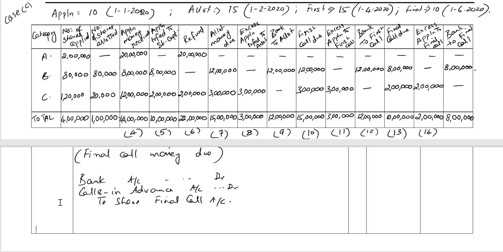The amount of money received against the final call is the amount of the 15th column, 8 lakh rupees. The amount of calls in advance pertaining to the final call, 2 lakh rupees. Against share final call, we'll write 10 lakh rupees.